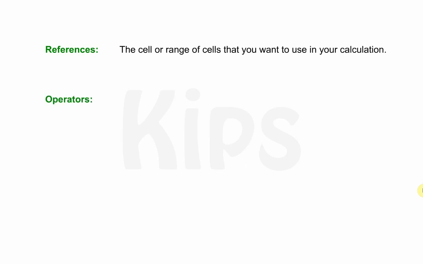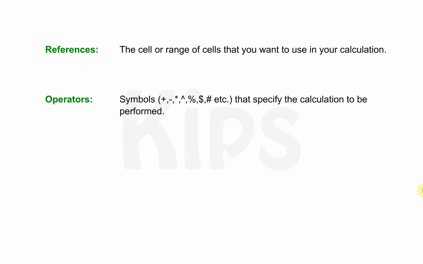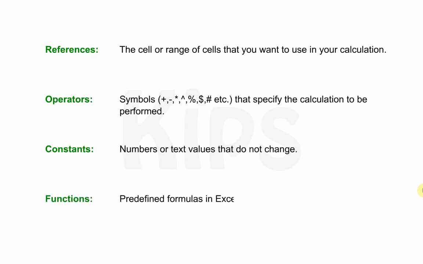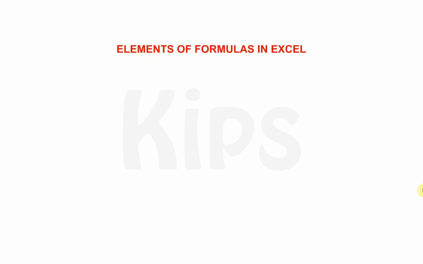Operators. These are the symbols like plus, minus, multiply, divide, percent, etc. that specify the calculation to be performed. Constants. These are numbers or text values that do not change. And functions. These are predefined formulas in Excel. These are the elements of formulas in Excel.